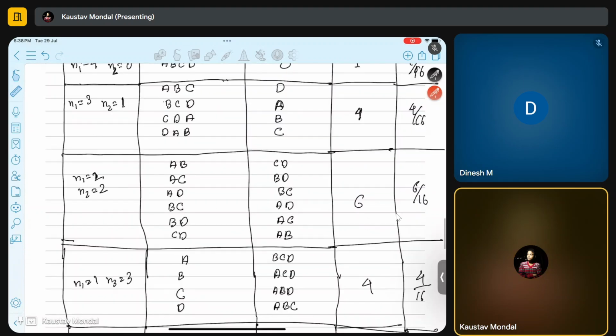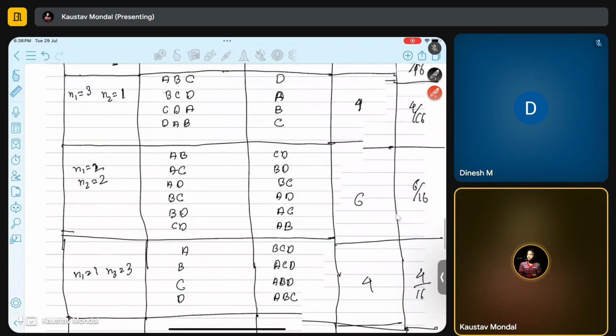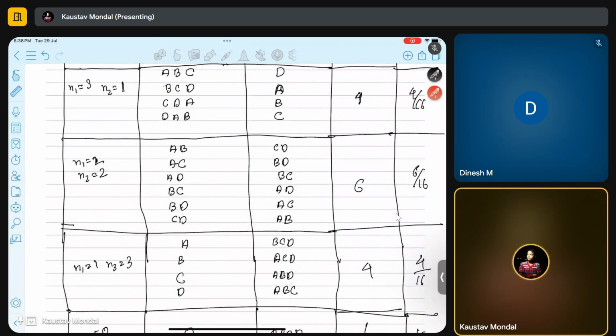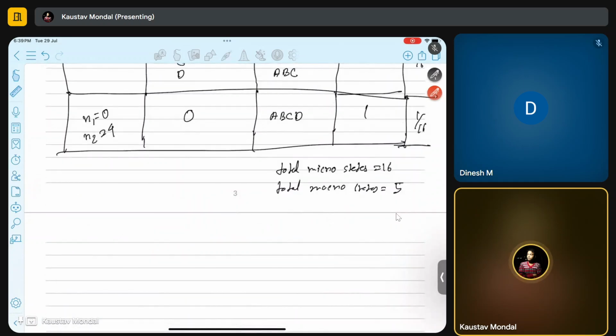As you intuitively guessed earlier, the most probable macrostate will be this state, with heads equal to 2 and tails equal to 2. So let me write it.